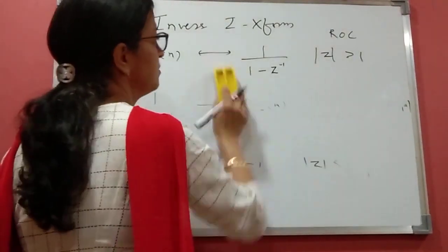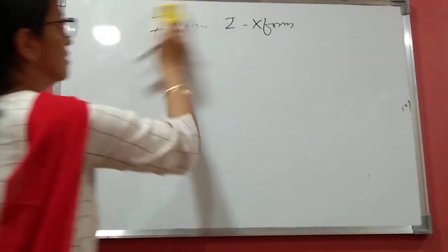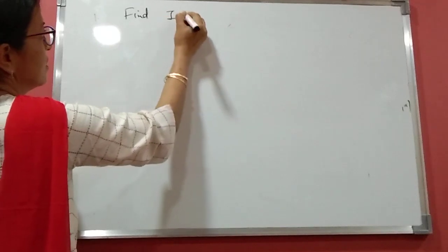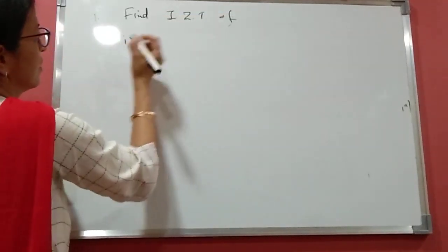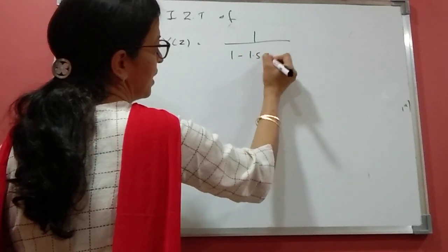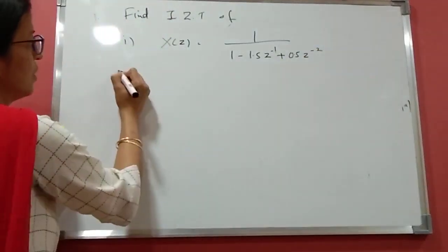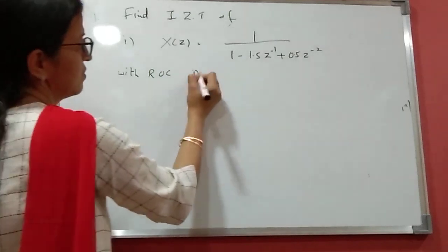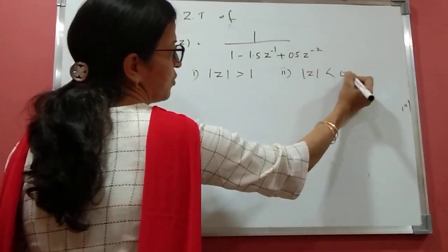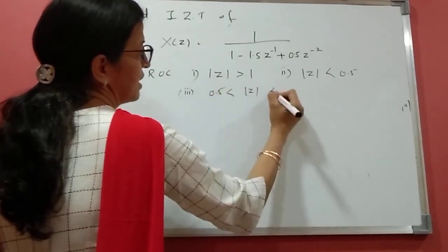So note down some problems and then we'll solve them. So the first problem is, find the inverse Z transform of X(z) equals 1 upon 1 minus 1.5 z inverse plus 0.5 z raised to minus 2 with ROC: the first one is mod z greater than 1, second one is mod z less than 0.5, and third one is mod z greater than 0.5 and less than 1.